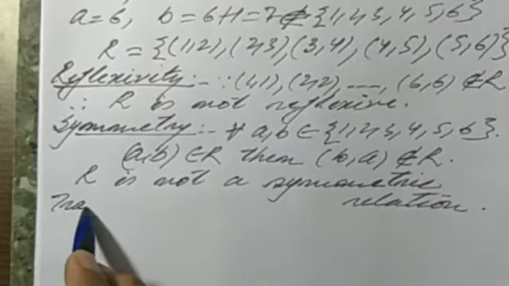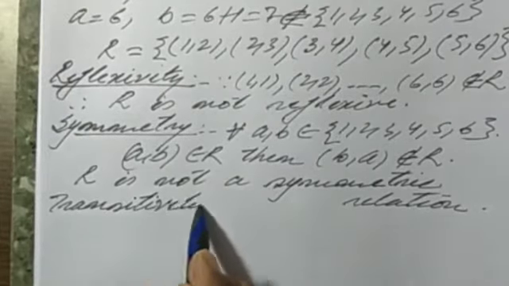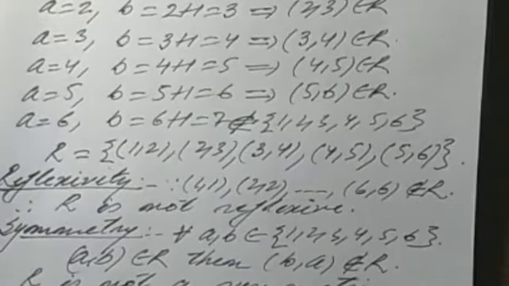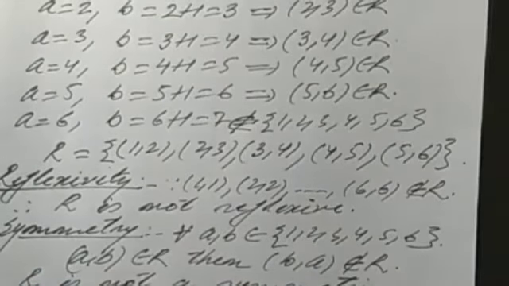Now let us talk about transitivity. So first we observe whether the transitivity of the relation can be checked or not. For that we need at least two ordered pairs such that the second component of one ordered pair is identical to the first component of the other ordered pair, which is obviously present here.